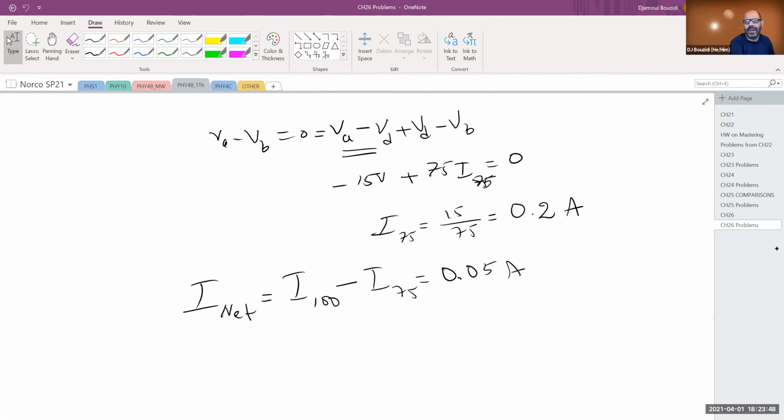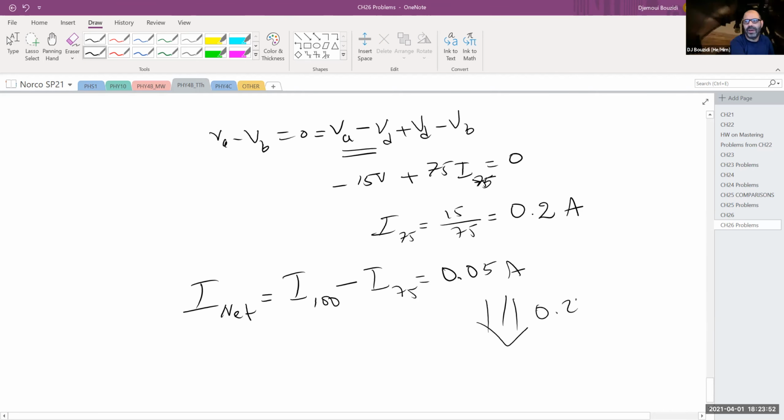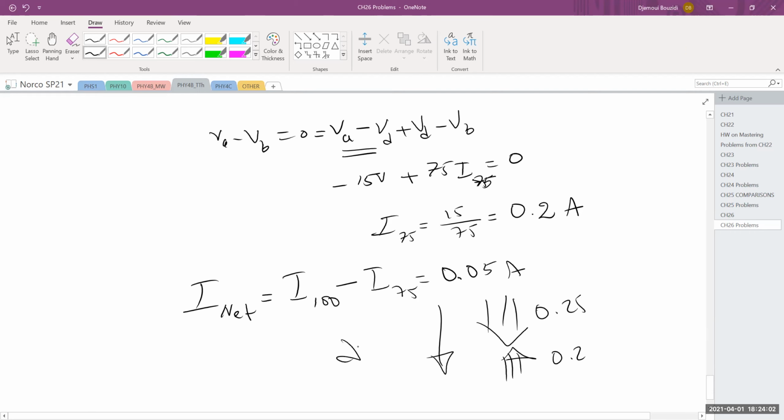Here is the situation. I have 0.25 coming down and 0.2 going up. So is the net going down or up? So it's going down by that amount of 0.05? Yes. Yeah, that answers the question.